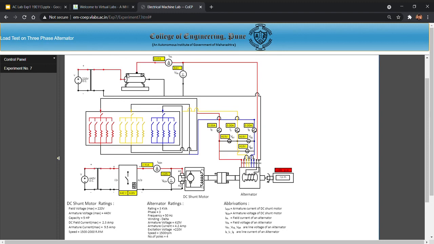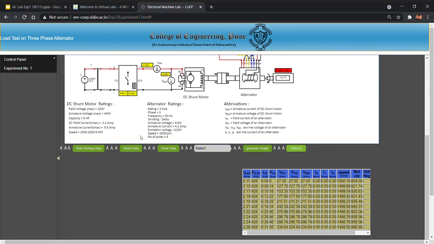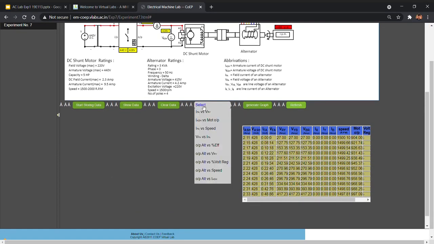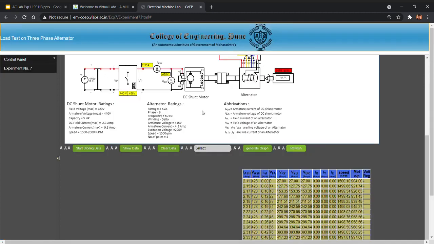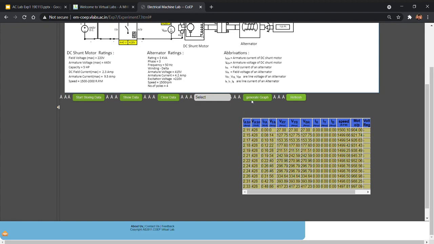Now we have increased the field current in such a way that the alternator reaches its rated voltage. Now let us see the stored data. Now we can generate our first graph, field current versus output voltage of alternator.